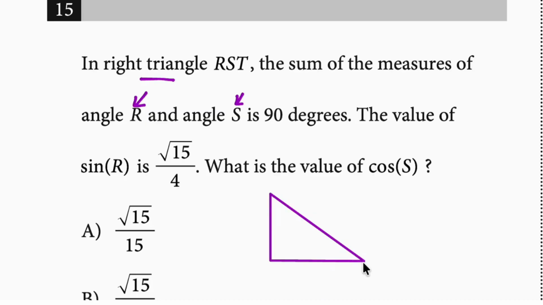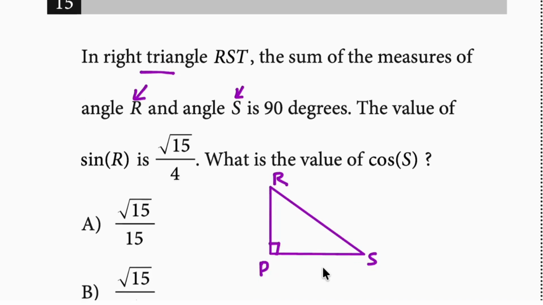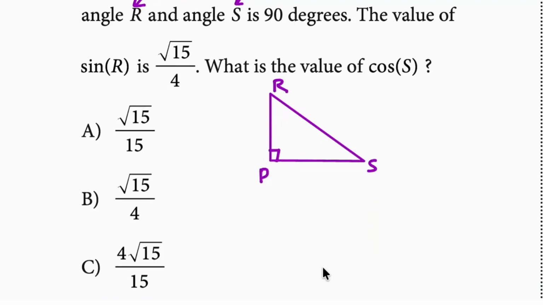This statement gives me the clue that angle P is 90 degrees, because in a right triangle one angle is 90 degrees and the sum of the other two is 90 degrees by the angle sum property.